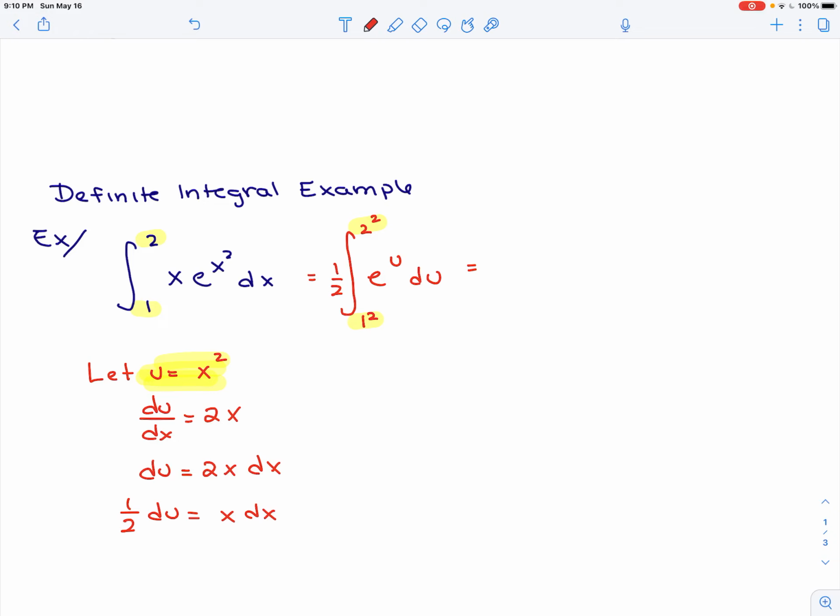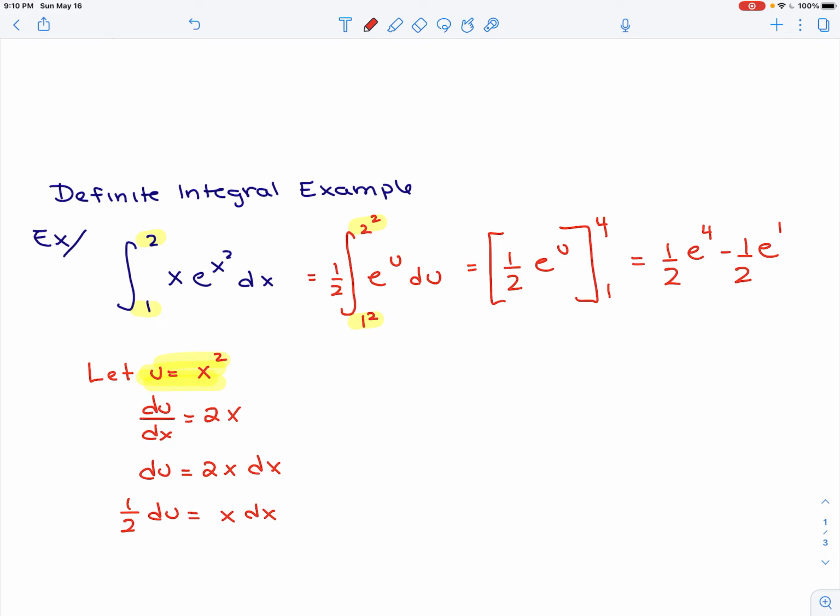And now I have 1/2 e to the u, and I don't need the plus c because it's a definite integral, and 4 and 1, and I get 1/2 e to the 4 minus 1/2 e to the 1. Okay, that's one way to do a definite integral.